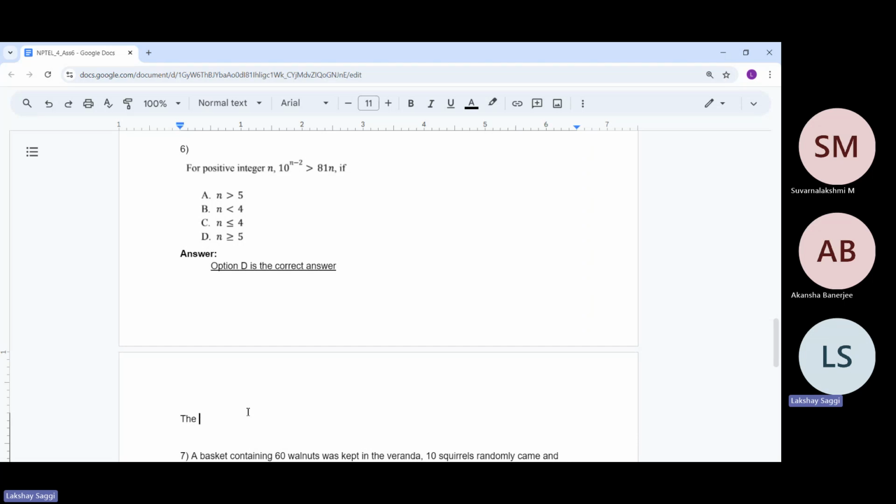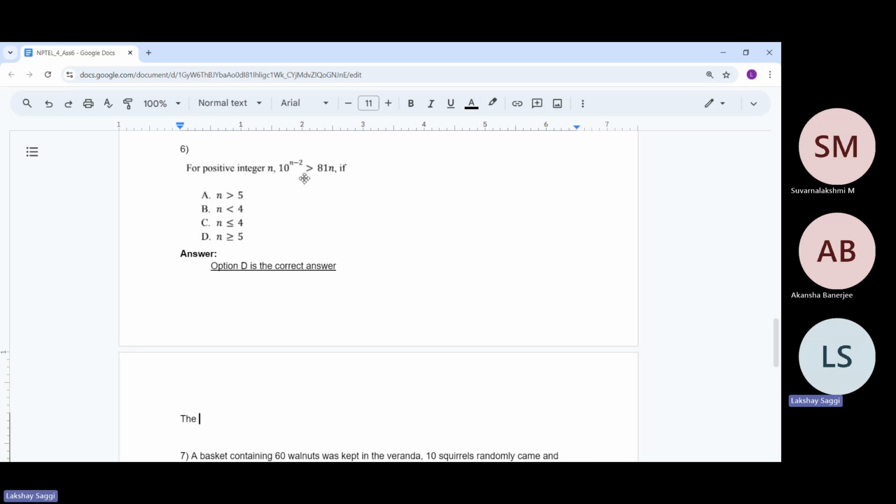So the inequality given to us is this, that 10 to the power n minus 2 is greater than 81n, right? First, you can actually see that putting n equals 1, we'll have something like 10 raised to the power minus 1, which will be less than 81n. Similarly, for n equal to 2 also, n equal to 3 also, this will be smaller.